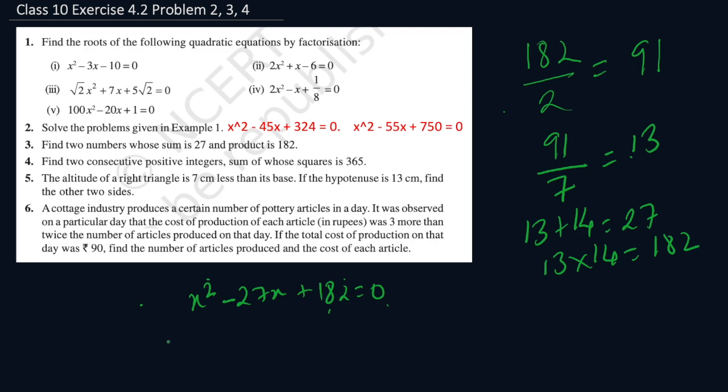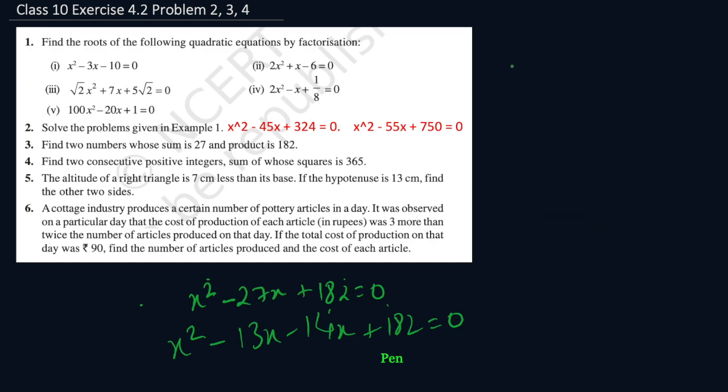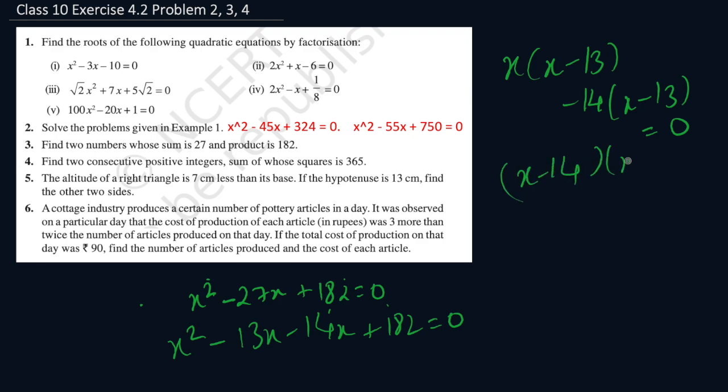So what we can do here is write x square minus 13x minus 14x plus 182 equals 0. So this will be x times x minus 13 minus 14 times x minus 13 equals 0. This will be x minus 14 times x minus 13 equals 0.